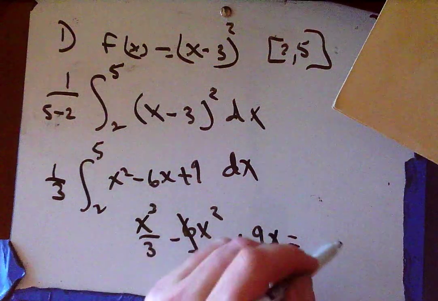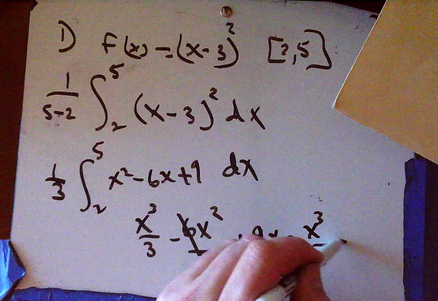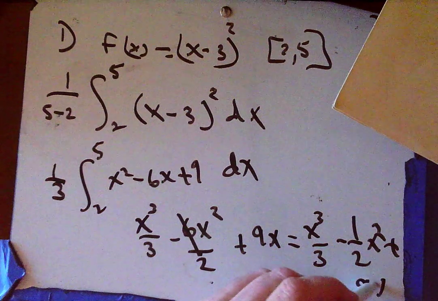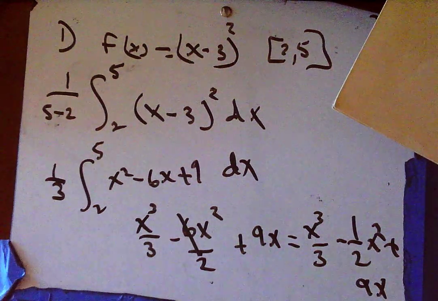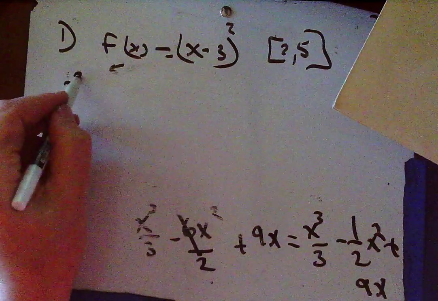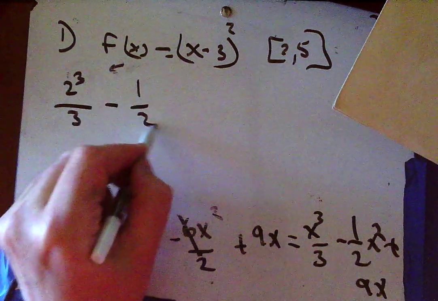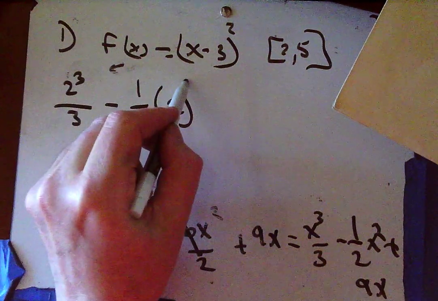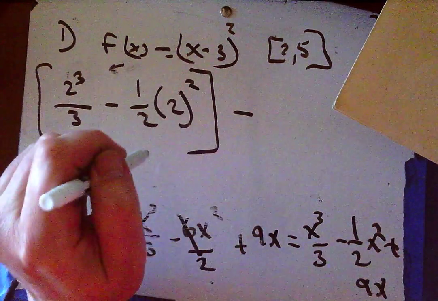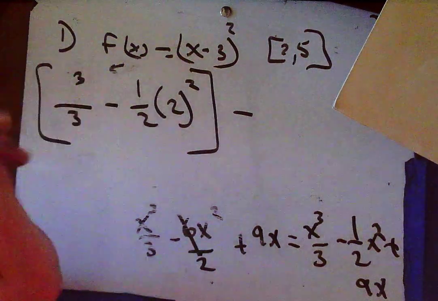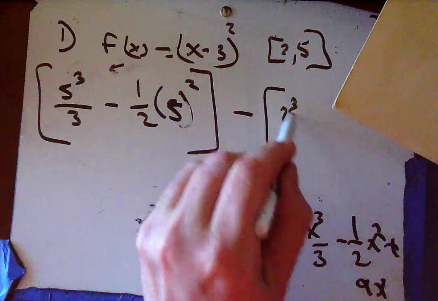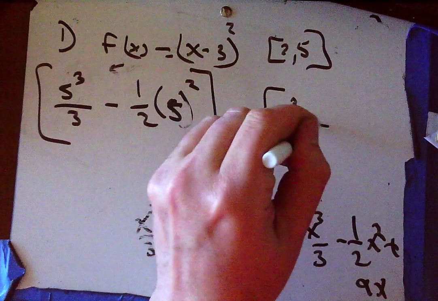And so I'm going to have x to the third over 3 minus 1 half x squared plus 5x. And if we evaluate this antiderivative from 2 to 5, 2 to the third over 3 minus 1 half 2 to the second. And if I plug in my 2's now, 2 to the third over 3 minus 1 half.